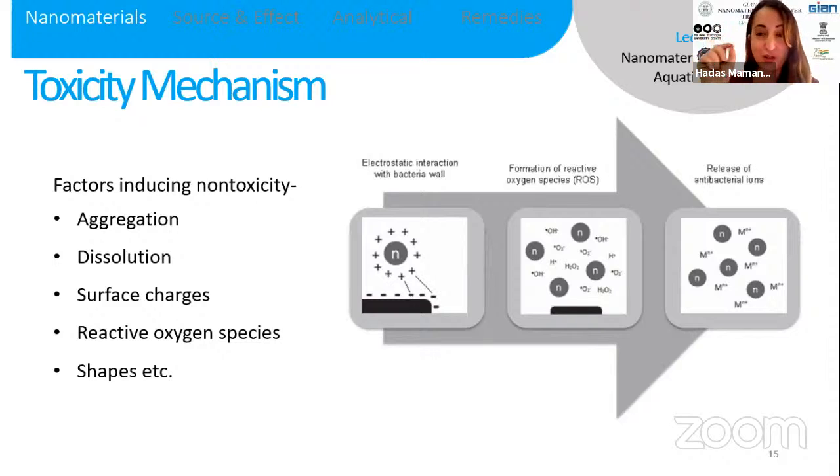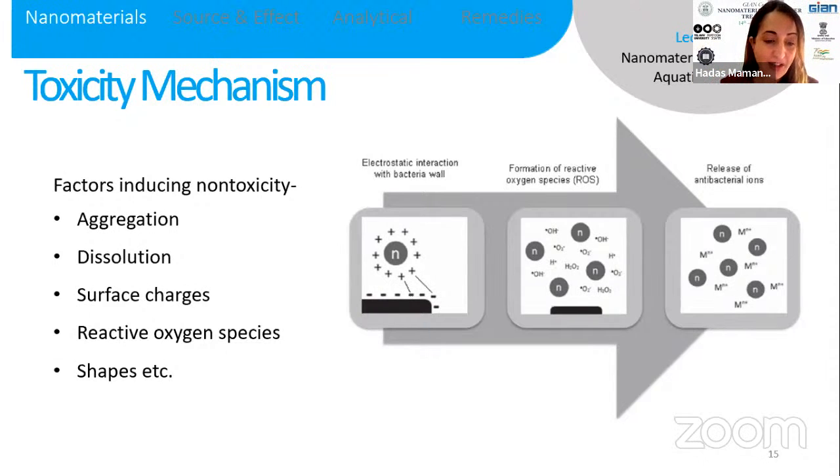And this leads to nanotoxicity. Again, overproduction of ROS can result in oxidative stress. This oxidative stress induced by these nanomaterials is a predominant mechanism of nanotoxicity, one of the dominant mechanisms of this toxicity.